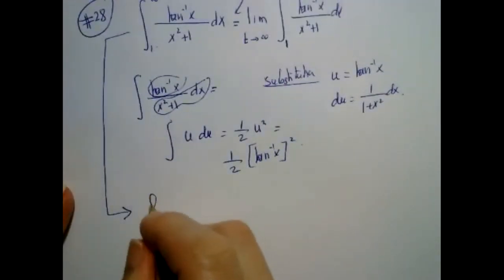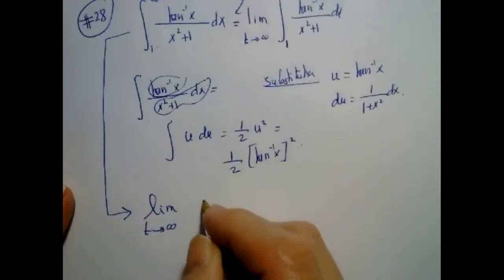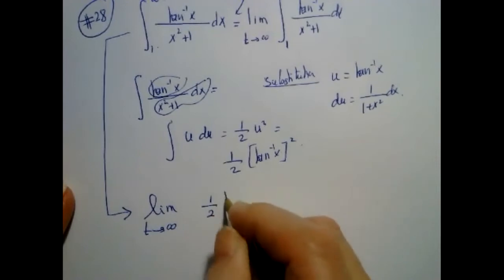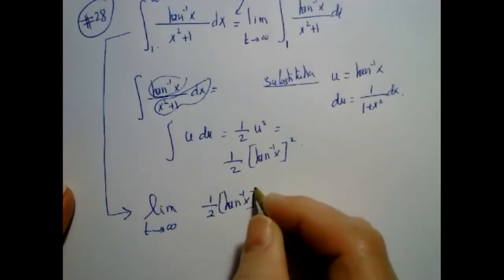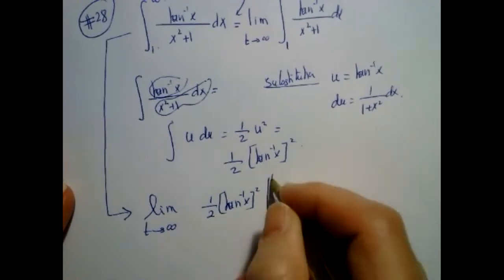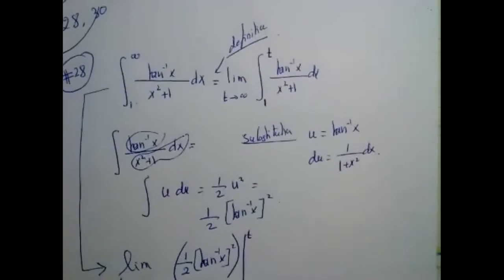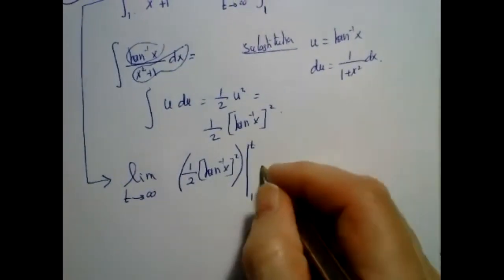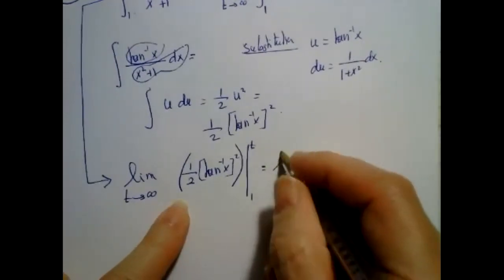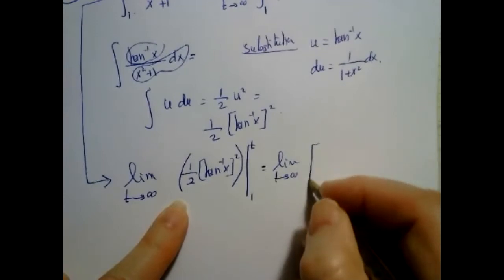Okay, so I've only evaluated the indefinite integral, and now I go back and evaluate the improper integral. So that will give me the limit as t goes to infinity of a half tangent inverse of x, squared, evaluated between 1 and t. A half is a constant, so I don't really have to worry about it, but let's see what I get.